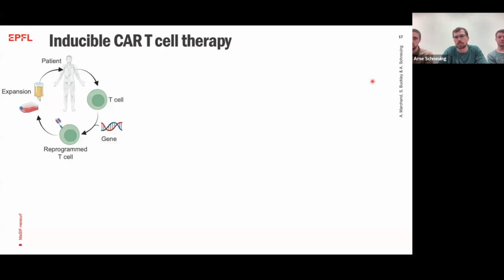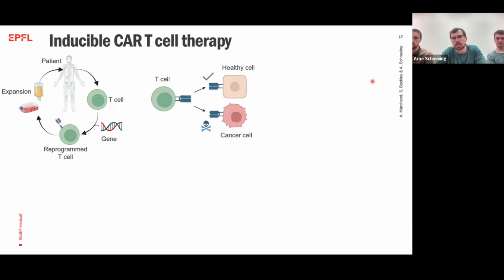You then take the patient's T cells and engineer them to target this cancer-specific biomarker. Then you expand these T cells and put them back into the patient. And basically what this allows is for these engineered T cells to specifically kill cells that have this cancer biomarker.